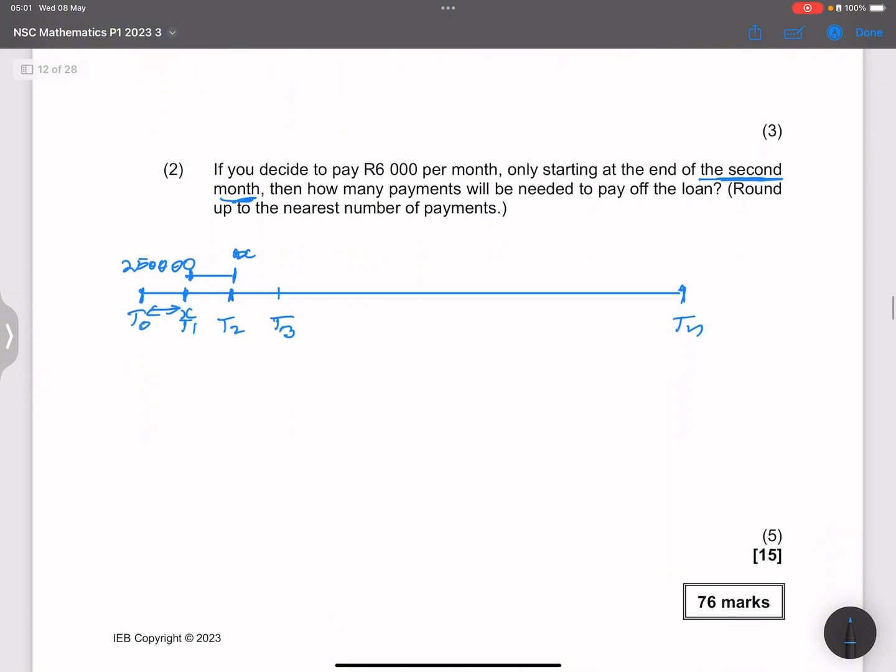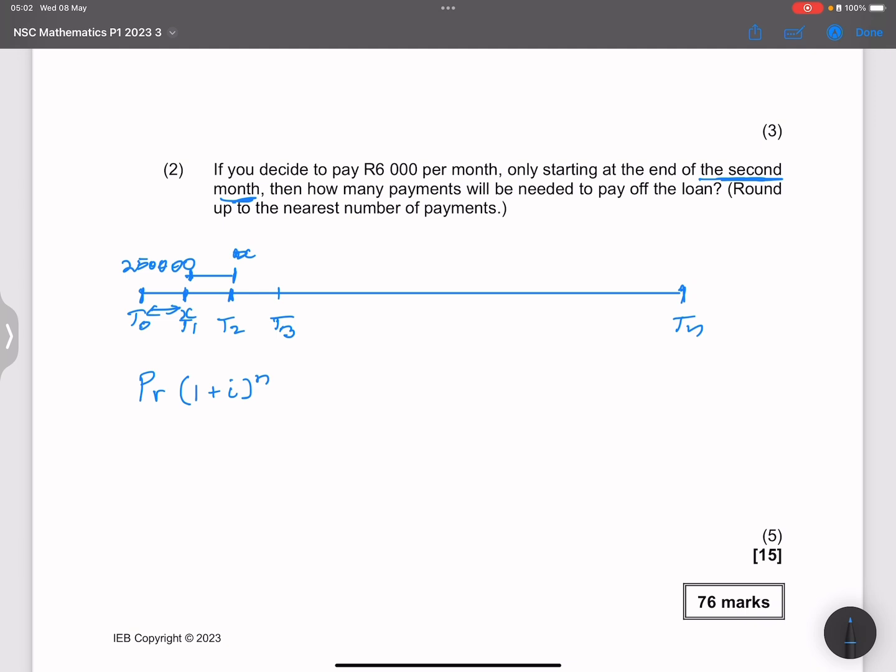So let's do this. We're going to use our present value formula. So PV, but remember that present value is 250,000, and we are now going to add interest to it, so 1 plus i. It's just a month's interest that will be added.